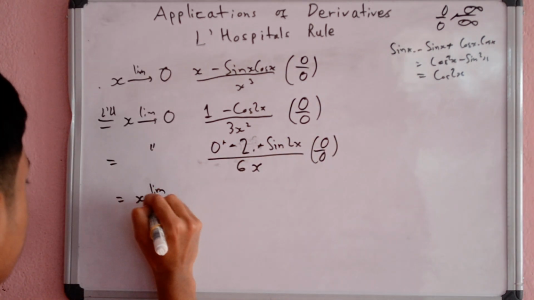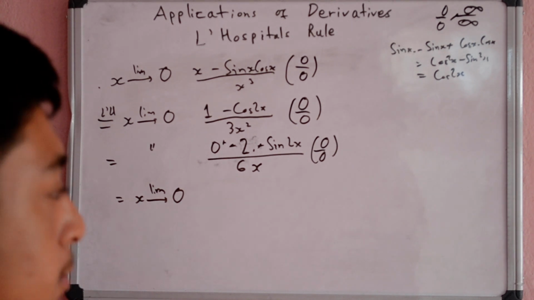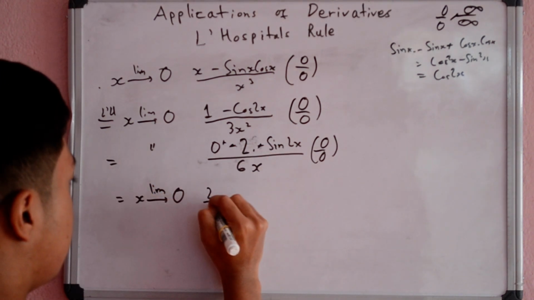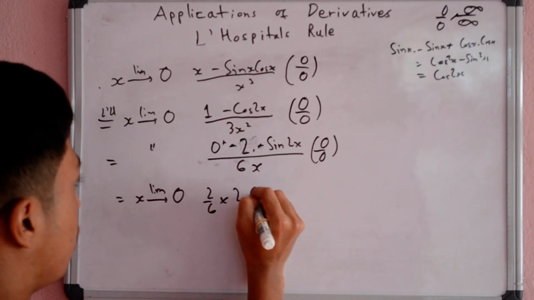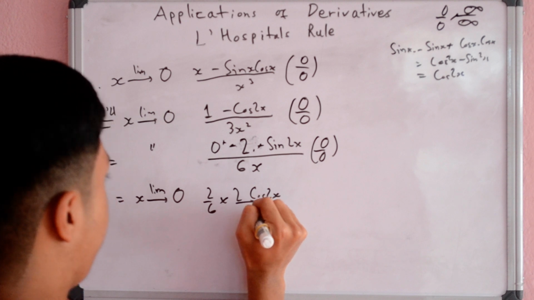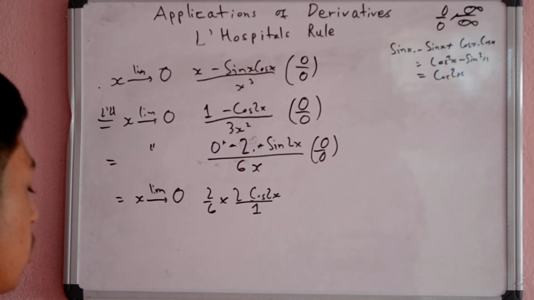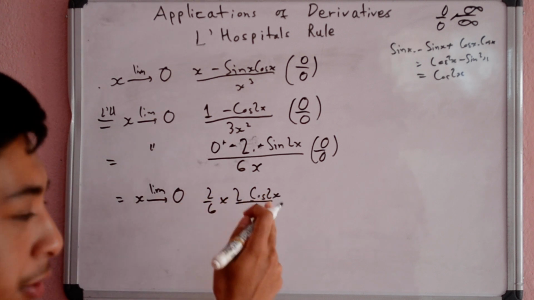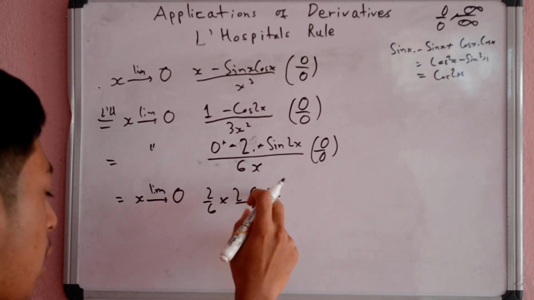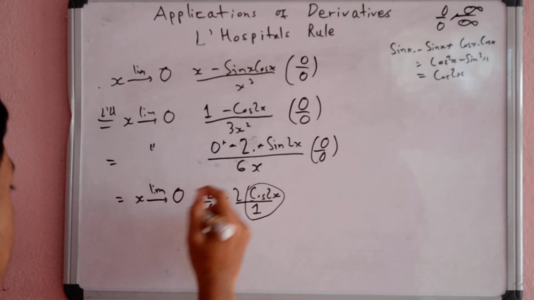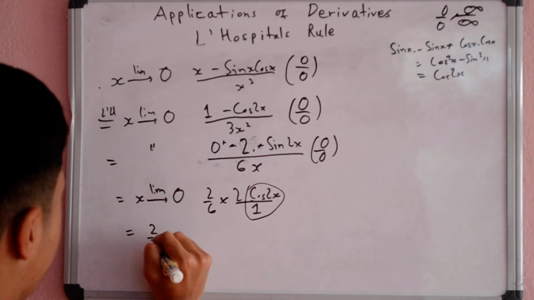So as x limits 0, again we use L'Hospital's rule, which becomes 2 by 6 into 2 cos 2x by 1. Now if we put x equal to 0 here, we will just get 1. So we'll get 4 by 6, which is just 2 by 3.